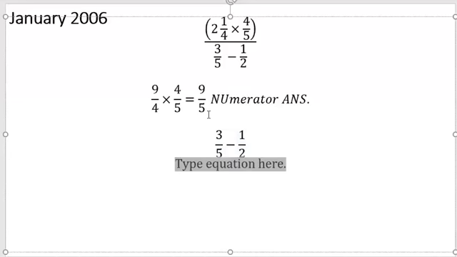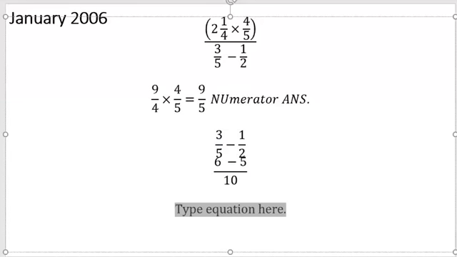So we need to find the LCM, which is 10, and we can say 5 into 10 goes 2 times, 2 3s 6, minus 2 into 10 goes 5 times, 5 1s 5. So now what we have is 6 minus 5, which is 1 over 10, and this is the denominator answer.